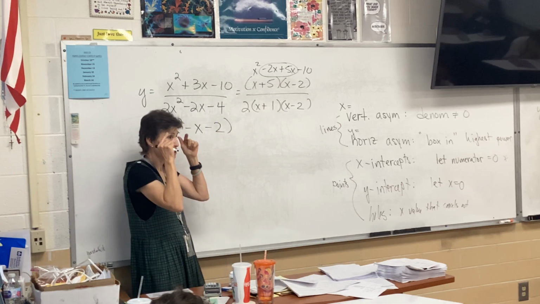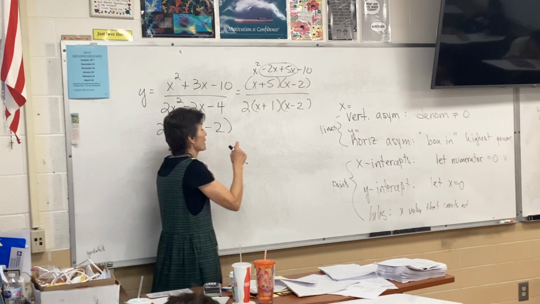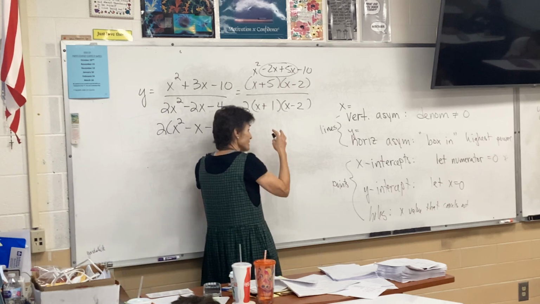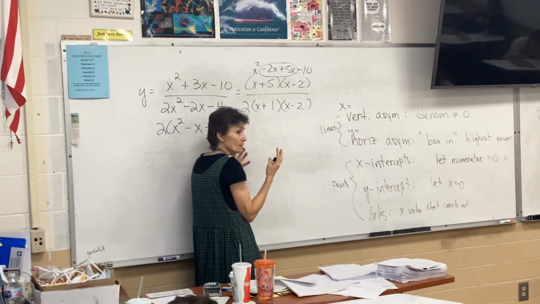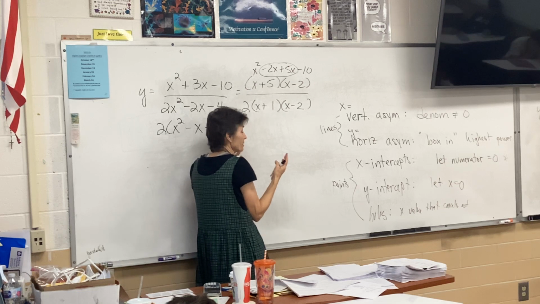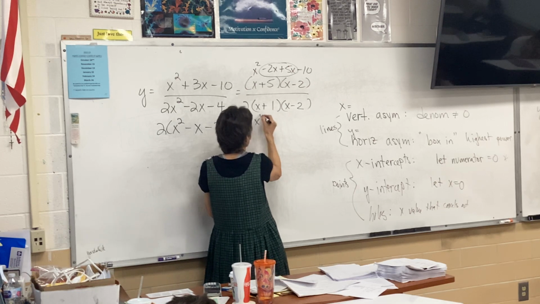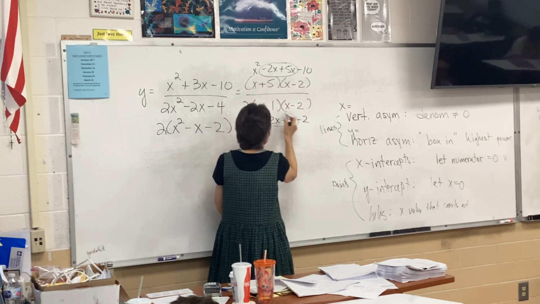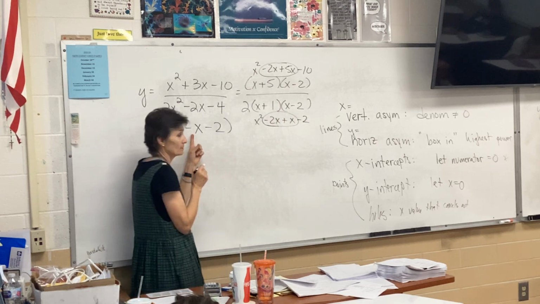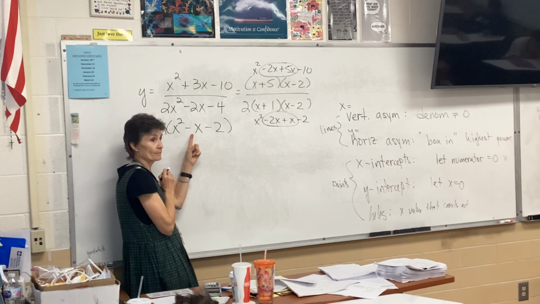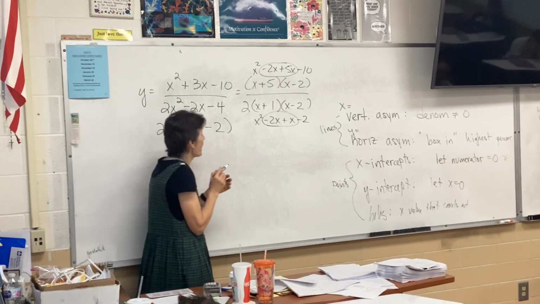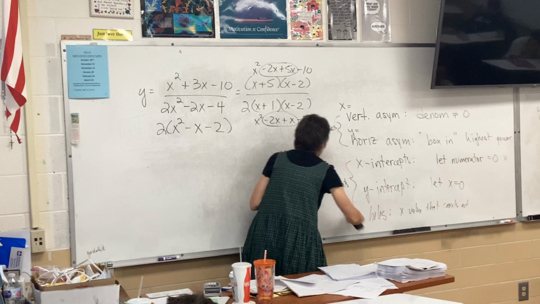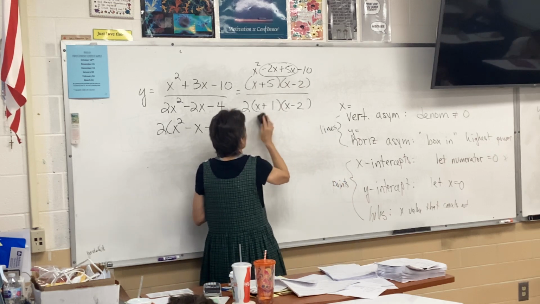He was logicking it out in his head. I'm going to FOIL it and make sure, because factoring is a guess and check. So here we go. I get x squared minus 2x plus 1x minus 2. Does that add up? Yep. So now we are factored. I'm going to erase my check so it doesn't confuse me.